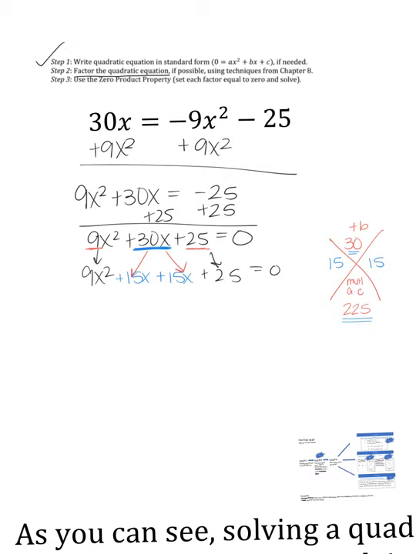After I break up those middle terms, I am ready to factor by grouping. I group the first 2 terms in a parenthesis and the second 2 terms in a parenthesis. Now I look for the GCF. The GCF of the first parenthesis would be 3x. I factor a 3x from both terms in that parenthesis to get 3x plus 5. Then I factor the second parenthesis GCF, which would just be 5.